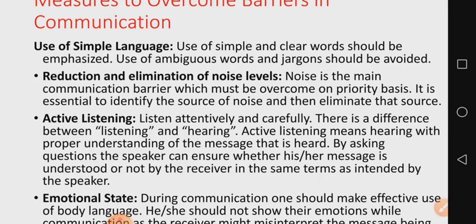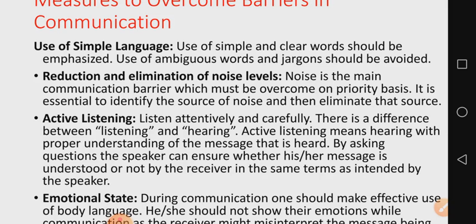So listening actively is a very important thing. Whatever the speaker says to you, you listen very attentively, and you try to comprehend what the speaker wants to say directly or indirectly.